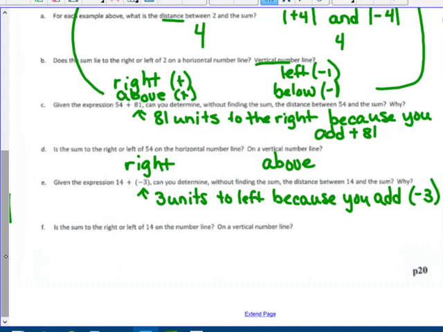Is the sum to the right or left on the number line? The sum is going to be left of 14. I get the answer 11. On the vertical number line, it would be below because it's negative 3, right? Because of the negative.